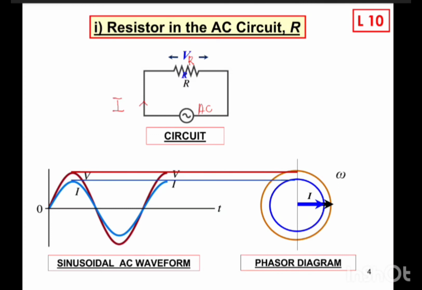So this is the phasor diagram for the resistor in an AC circuit. The phasor diagram is a vector that rotates in an anticlockwise direction, and projecting from this phasor diagram onto the y-axis, we can see and get the sinusoidal waveform.